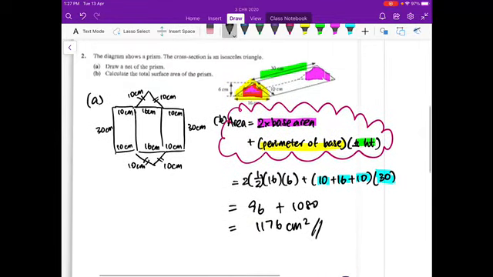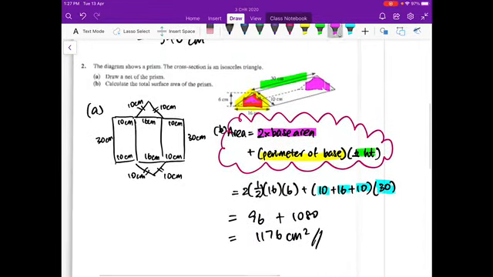Okay, in the same color, the 2 times the base area is found here. 1, 2. The perimeter is this, and the perpendicular height over here.